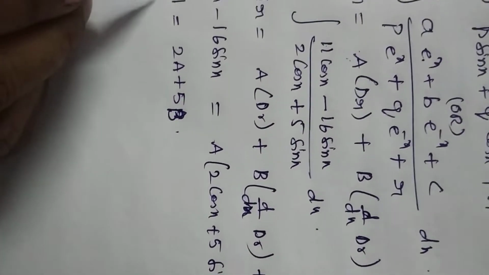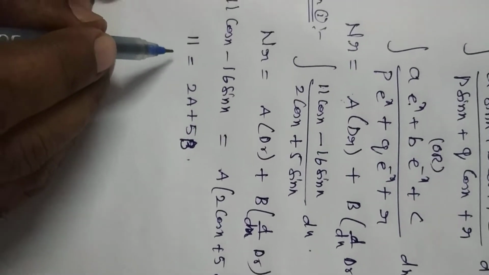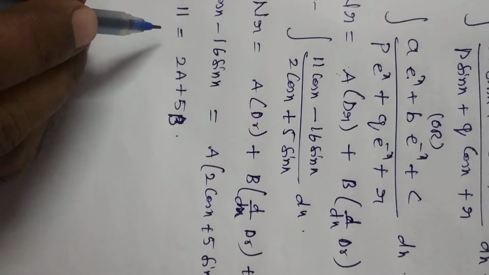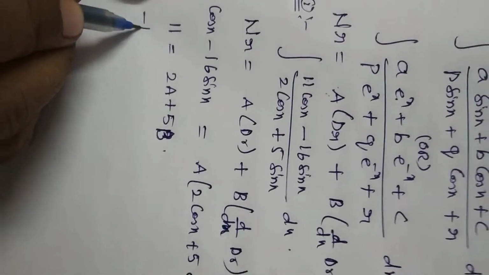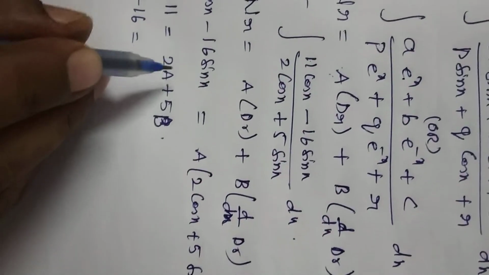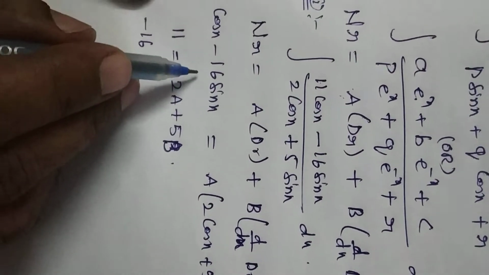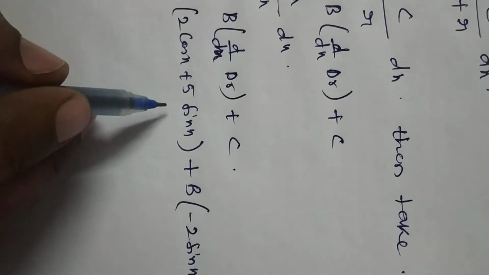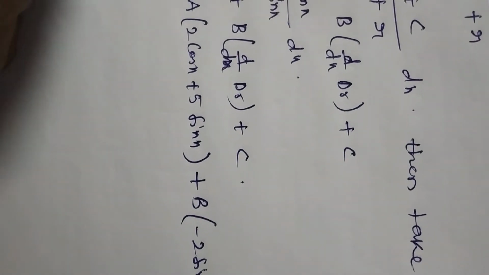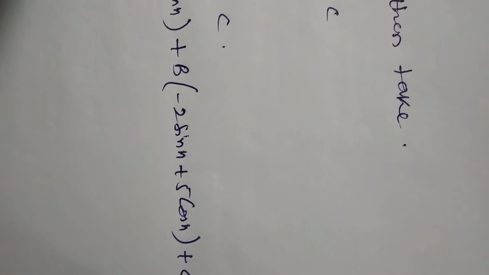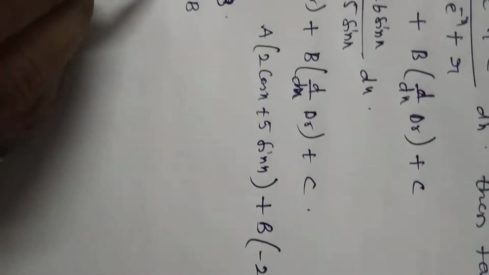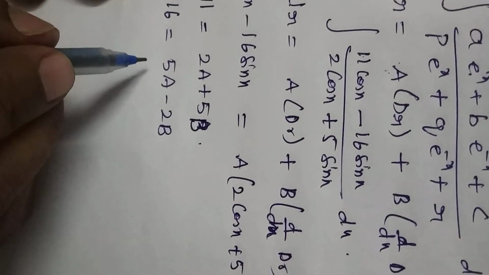So 2a plus 5b is equal to 11 is the first condition, which we got by comparing the coefficients of cos x. Next, by comparing the coefficients of sin x, minus 16 is equal to plus 5a, next minus 2b. This is the second condition.